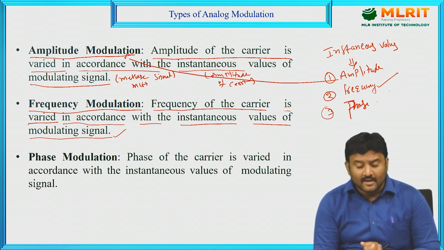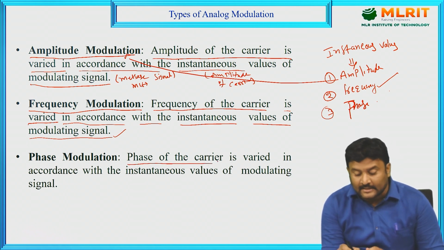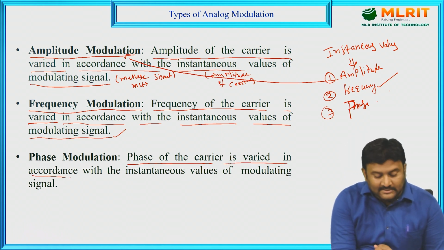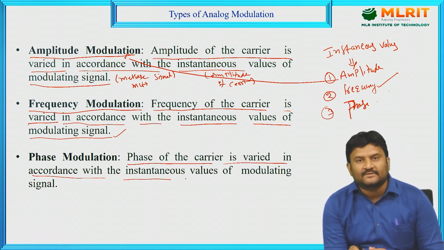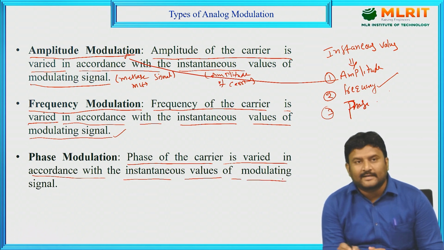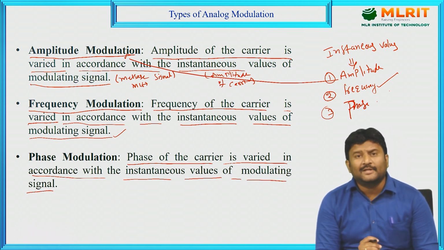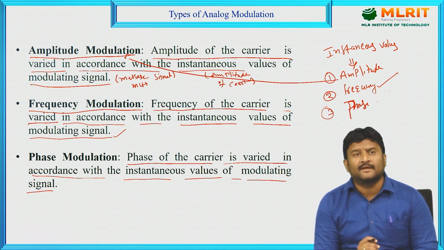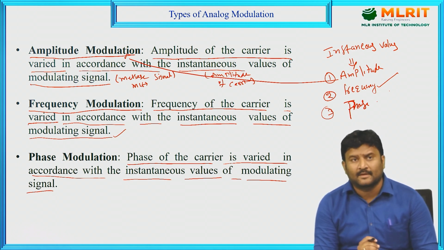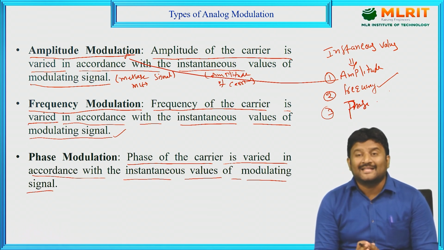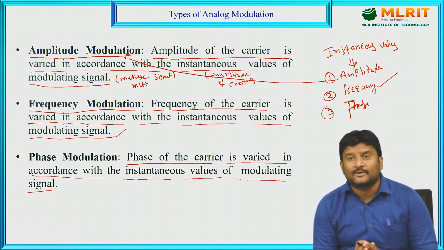The phase of the carrier signal is varied in accordance with the instantaneous values of the modulating signal. That is called phase modulation. Again I repeat, the phase of the carrier is varied in accordance with the instantaneous values of the modulating signal.